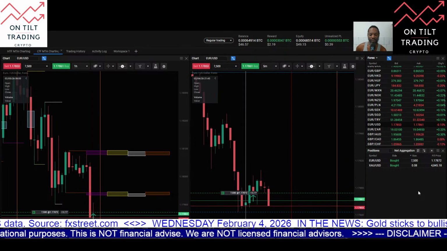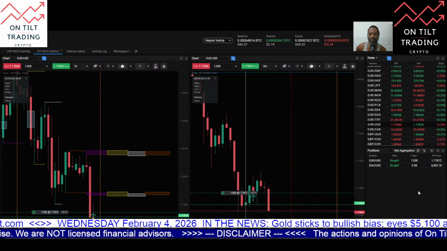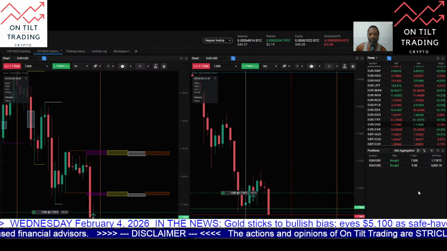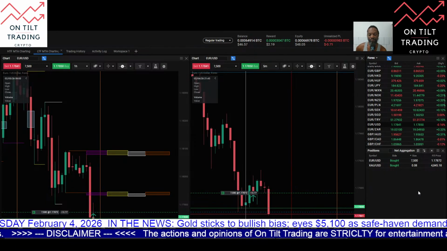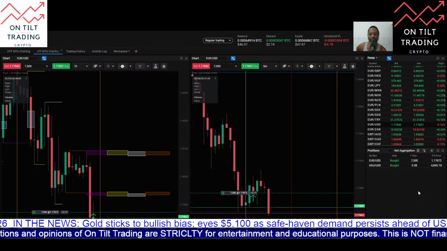Seeing some sell side delivery here in euro dollar. Gold looks to be delivering to the buy side. Euro dollar could be testing my stop loss here.